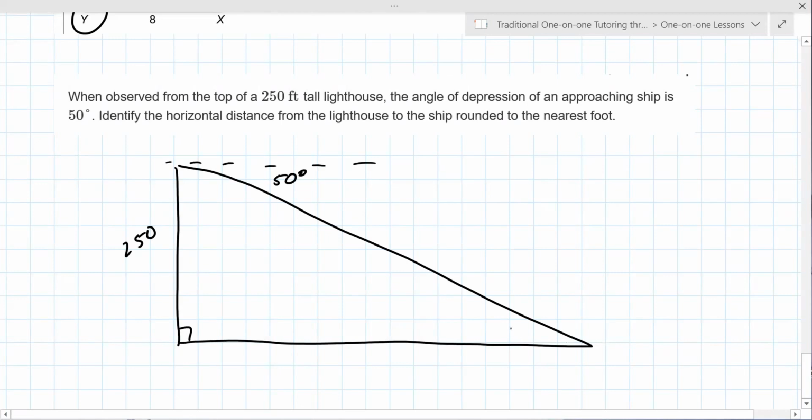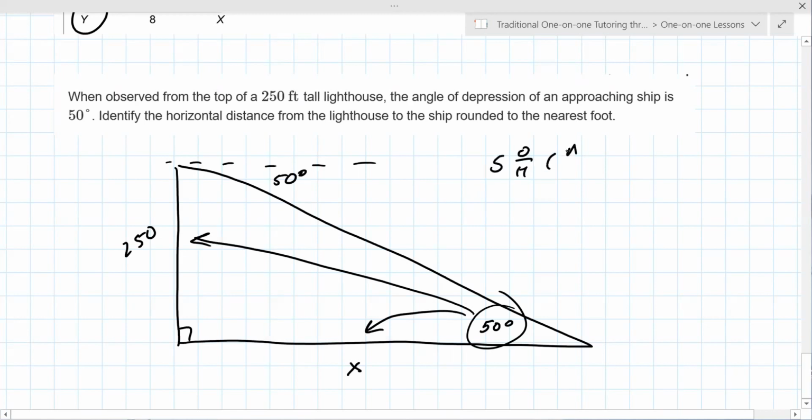It's called the angle of elevation. We want to identify the horizontal distance here. Which trig function can we use? We have the opposite and the adjacent, so tangent. You've got to remember SOH CAH TOA.